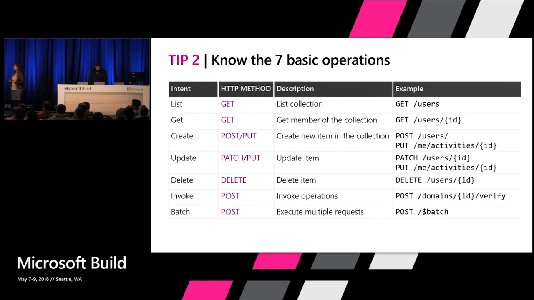Think, for example, of verifying a domain or sending an email. There are a set of actions that you will send. You will need to send additional information in the body in order to execute this particular request. And finally, we have batch. Batch is also executed on a POST, and batch is basically just sending multiple requests over the wire.